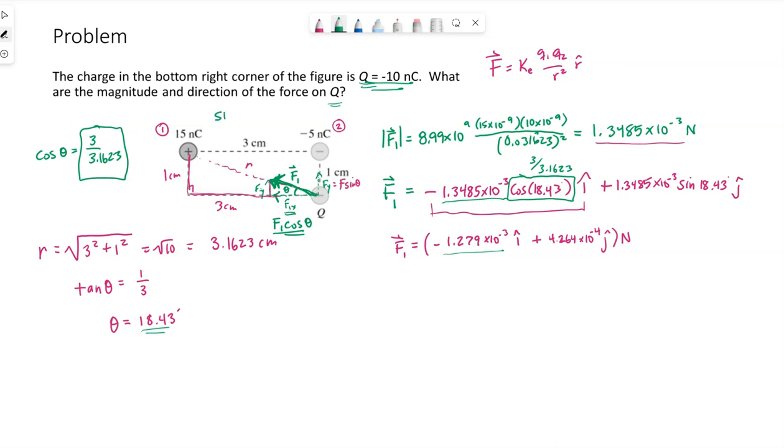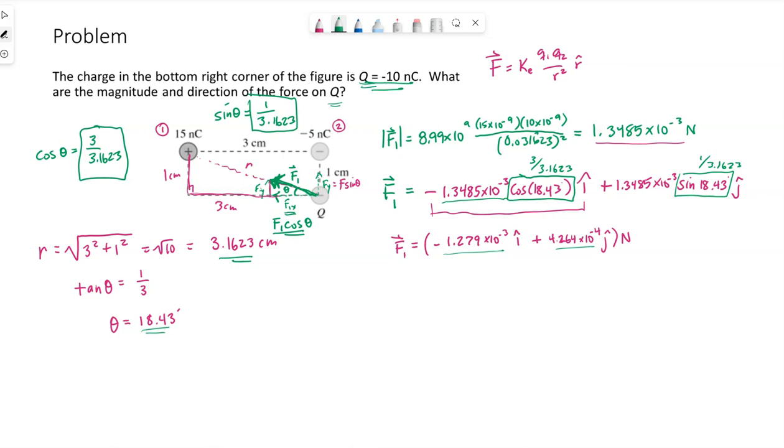Similarly, the sine of this angle would be the opposite side over the hypotenuse. So the R. And we could take this ratio and put it in for sine, and we would come up with this 4.264 times 10 to the negative 4.